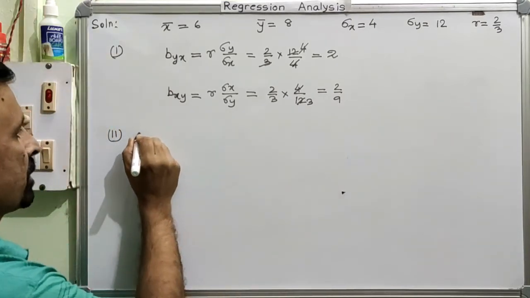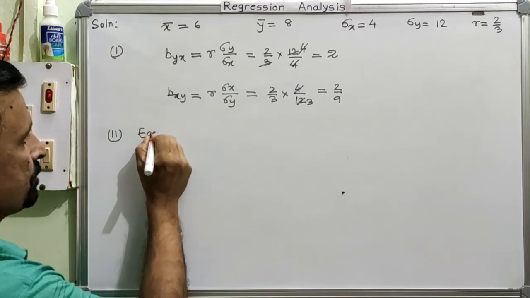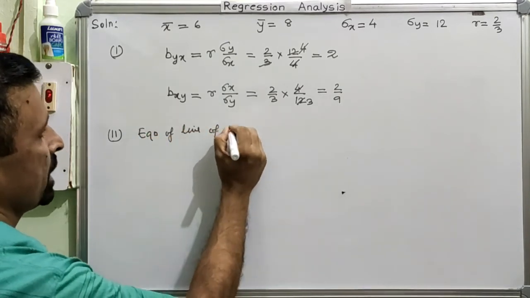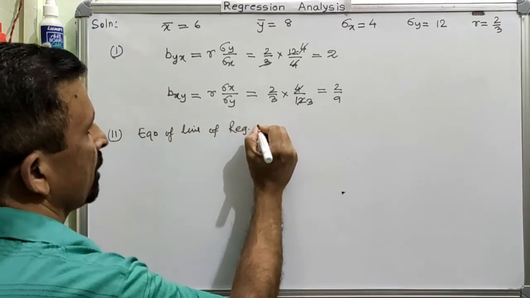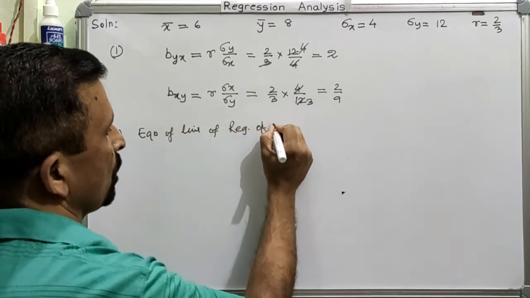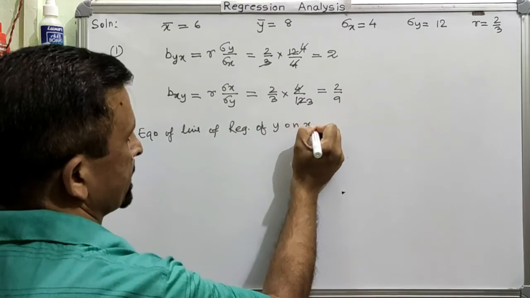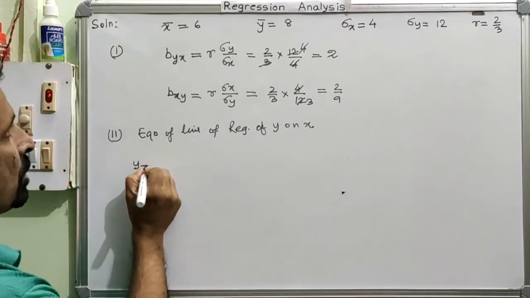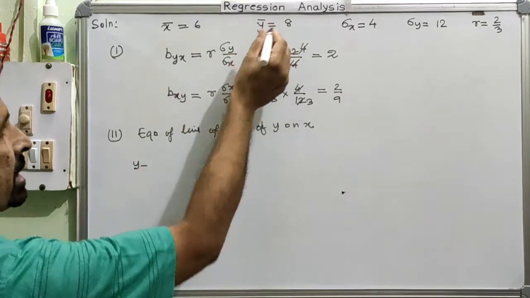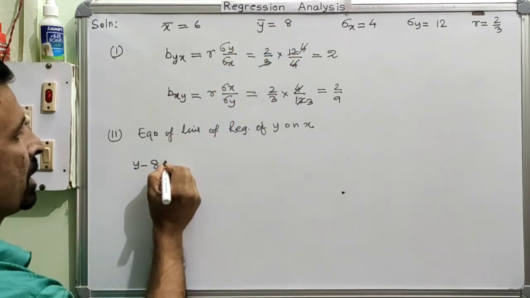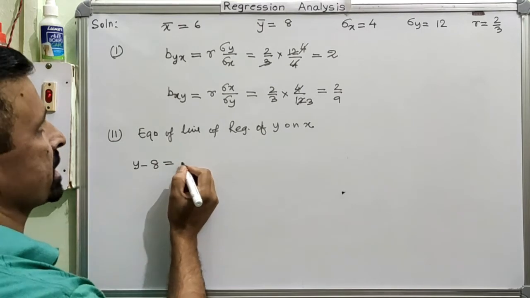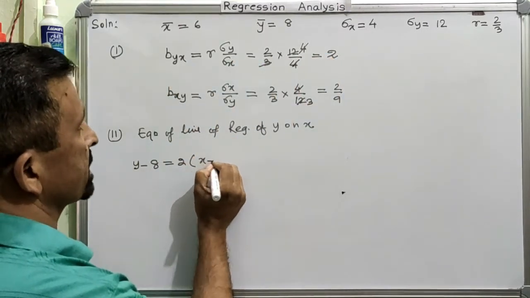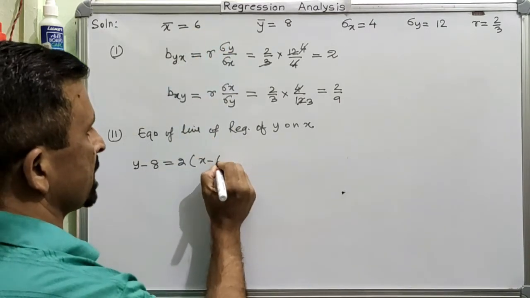Now part 2 is we have to find out the equation of line of regression, both. So first of all, we are going to write equation of line of regression of y on x. So the formula you know, y minus y mean, and that is 8. I'm not going to write the formula, is equal to byx, and byx is calculated 2 into x minus x mean, which is equal to 6.